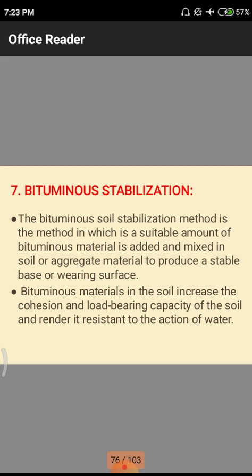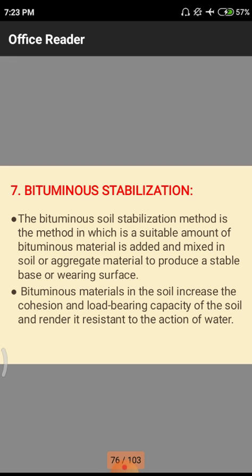Likewise, cement stabilization is very useful whenever we construct a rigid pavement. But in case of flexible pavement also, we use bitumen stabilization before constructing roads of prescribed thickness.